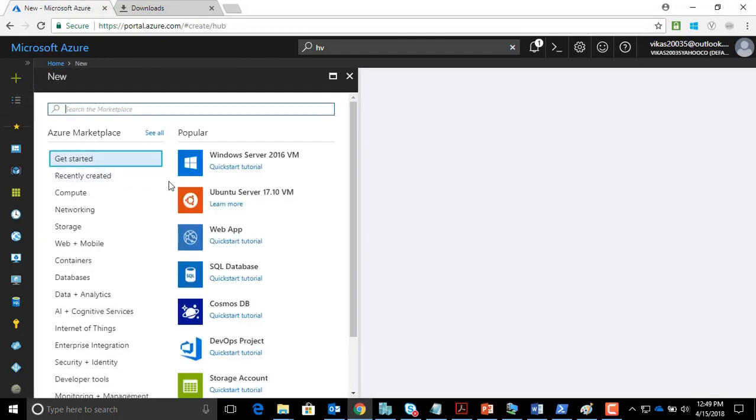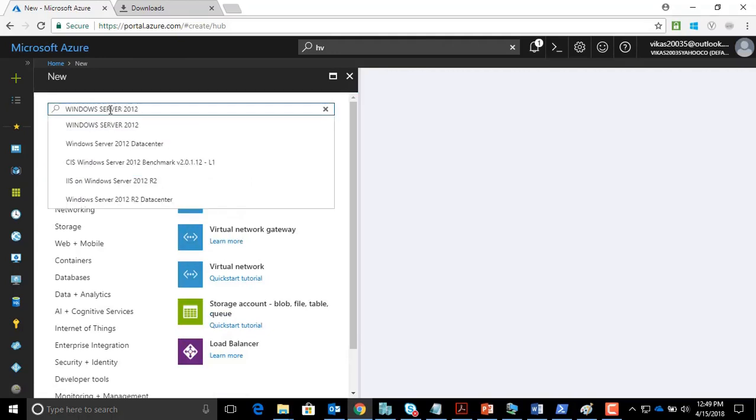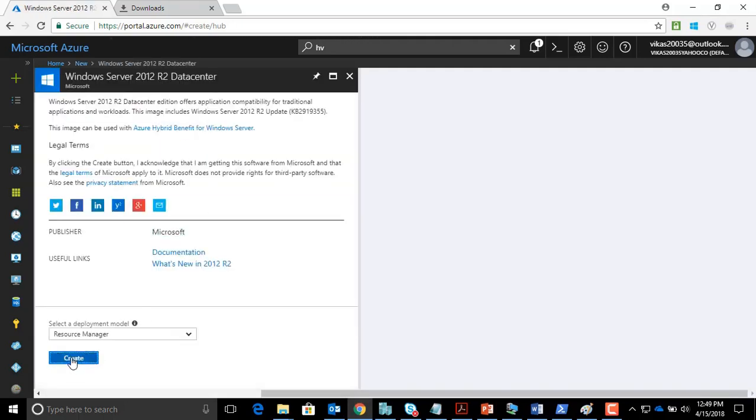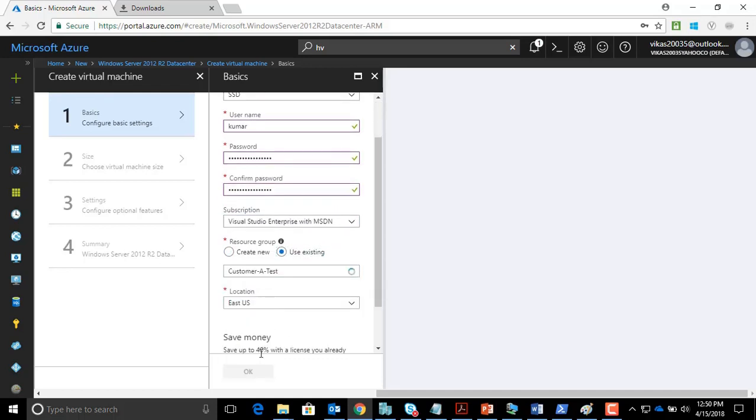I'm going to create two virtual machines. One is a Windows Server 2012 R2 Datacenter virtual machine, VM number 1, which is in subnet 1, in the existing resource group.